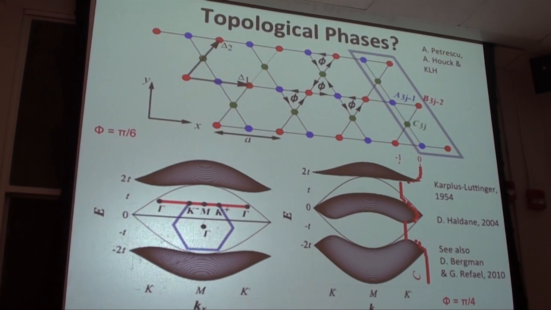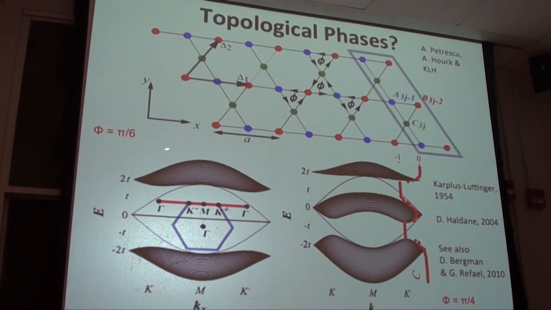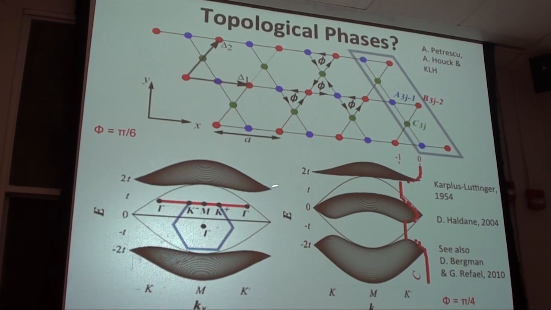But now here, the thing which is quite weird, we get this flat band. This flat band has a Chern number 0, but maybe it can do something. And yes, it can, because suppose we tune the flux, we see that this band spreads.